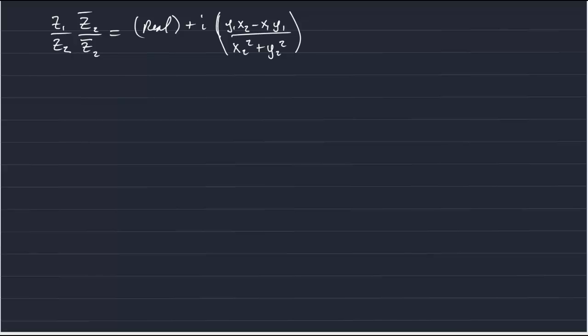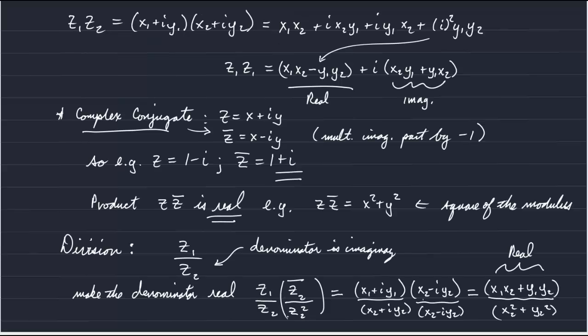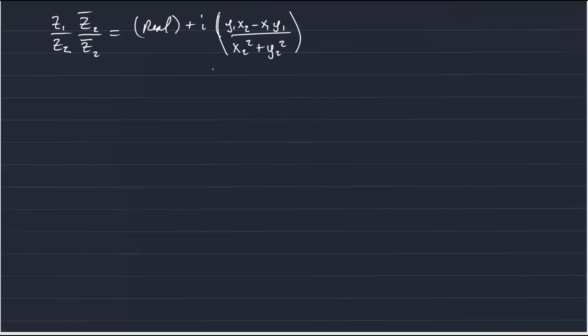Okay, so that's how we rewrote this into an expression in which the denominator becomes real, and so the real part of that quotient is given here, and the imaginary part is given here. We'll revisit quotients in the next video when we look at the polar form of a complex number. But for now, let's move on to another type of operation.